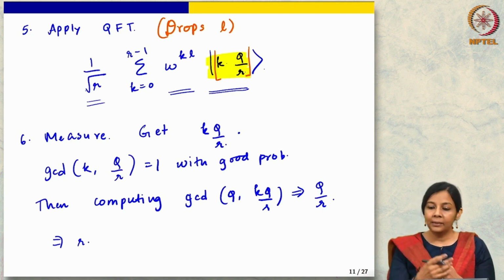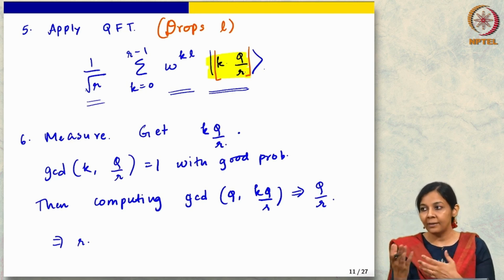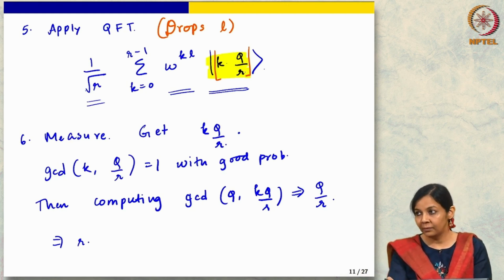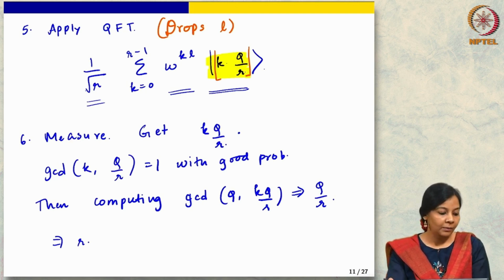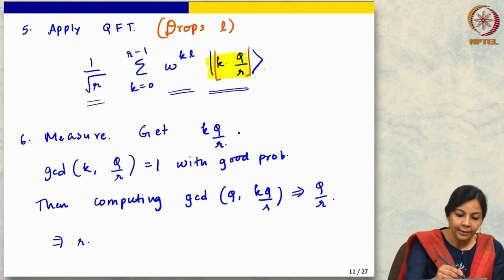Then you measure, you apply QFT, and you measure again, and you analyze and show that you will get multiples of Q over R, which, knowing Q, allow you to recover R. So this is just the idea. Okay, so this is Shor's. Let me just say a few words, like I promised, about the general case.